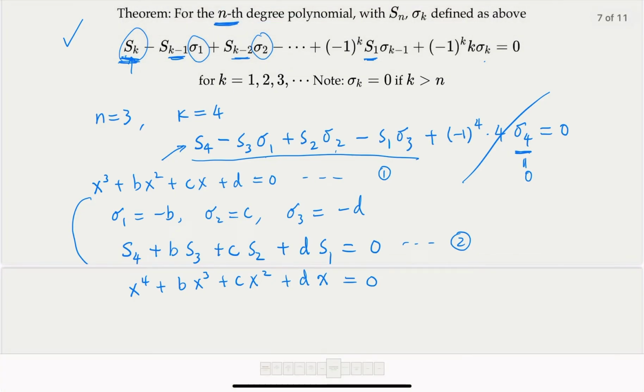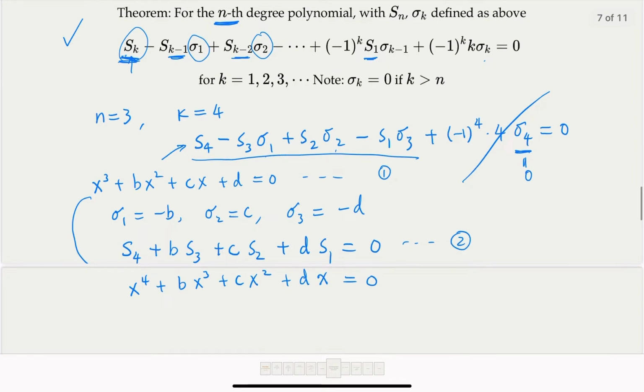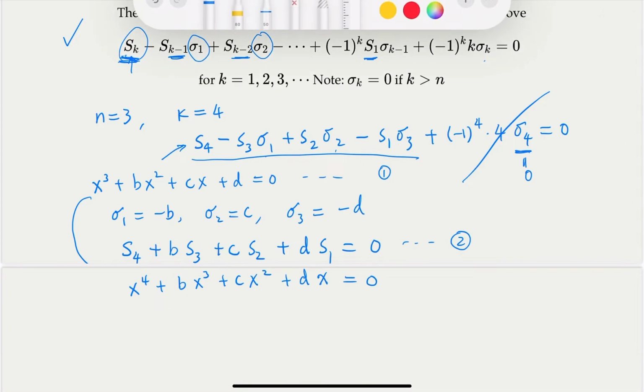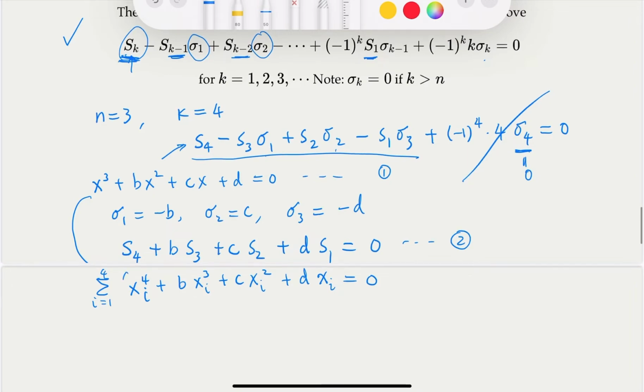For example, this is xi, and for the roots you set it as this. If you do this for all the roots and add them together, this still works.